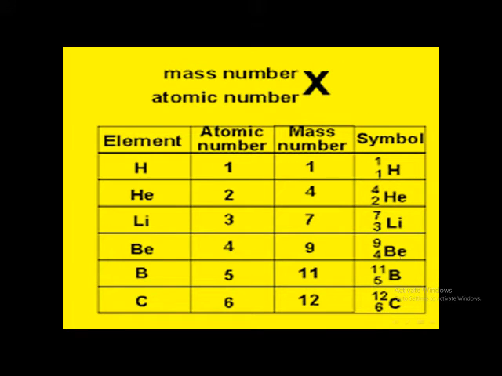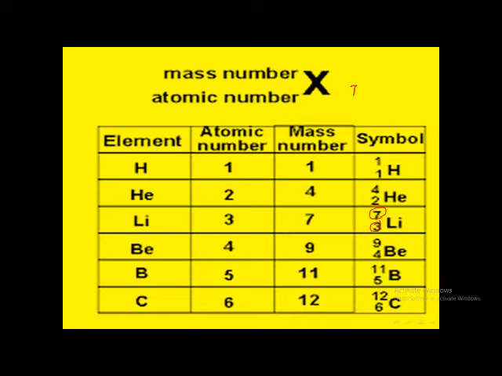Now let's go to lithium. We have a 7 and we have a 3. Which one represents the mass number and which one is the atomic number? The largest number is the mass number. So 7 is the mass number. And the smallest one is the atomic number. So what is the number of neutrons?